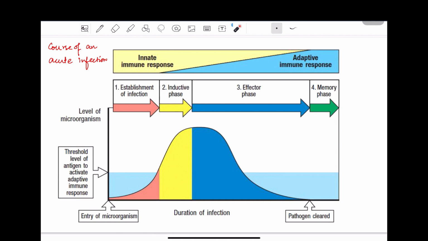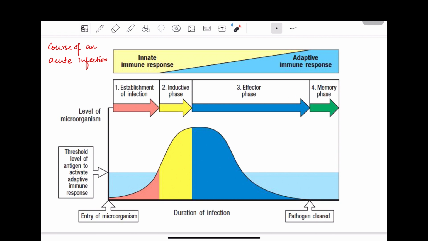Followed by that, when the pathogen is cleared, the adaptive immune response does not stop at that period of time. It continues beyond the point when the pathogen is cleared, by the formation of the immunological memory.